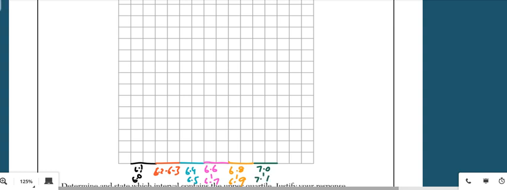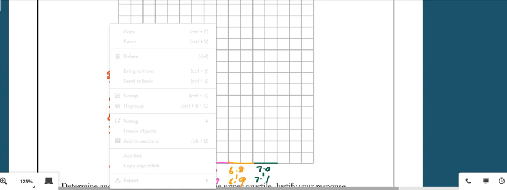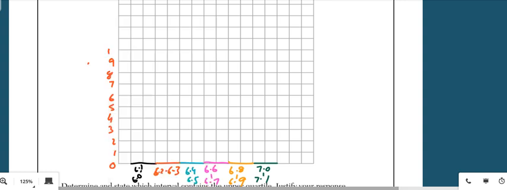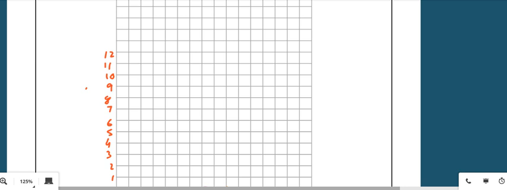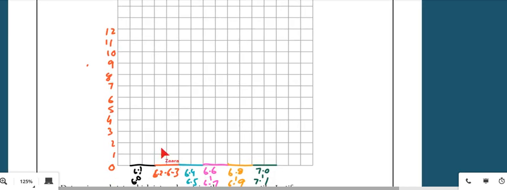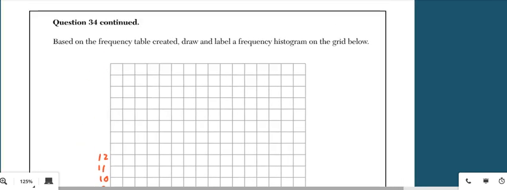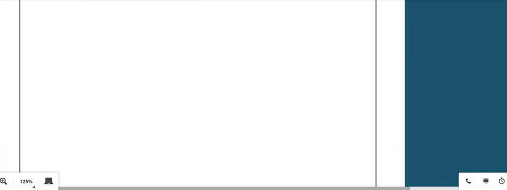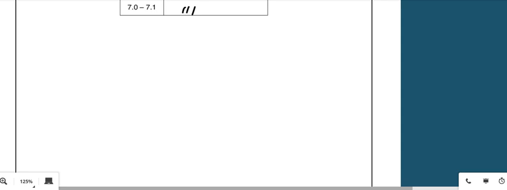Okay, and now along the y-axis we have to highlight the range. So I'm writing 0 here, 1, 2, 3, 4, 5, 6, 7, 8, 9, 10, 11, 12. I think the maximum was 11, so this is enough. Now for the first one, 6.0 and 6.1, the frequency was 3, right? Yep.